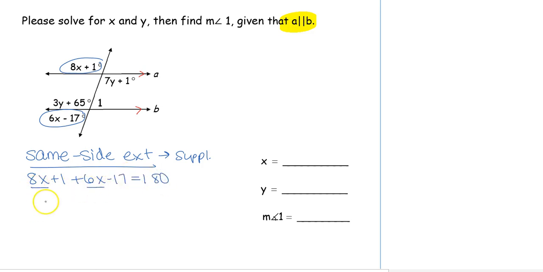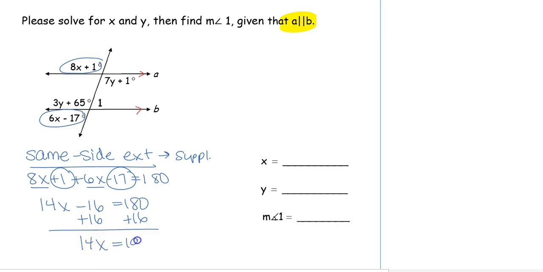We combine our like terms. 8 and 6 gives us 14x. 1 and negative 17 gives us negative 16. We add that 16 over. 14x is equal to 196. We divide by 14, and we find that our x is going to be equal to 14.